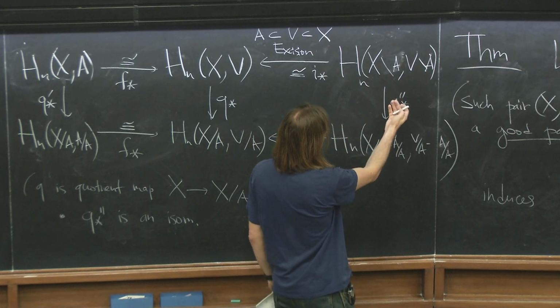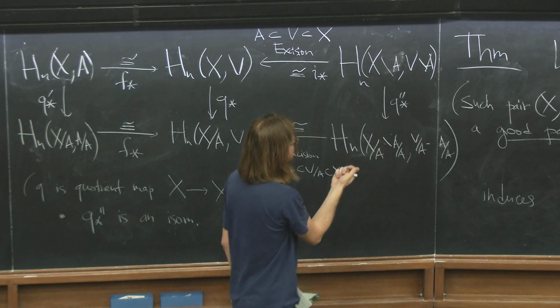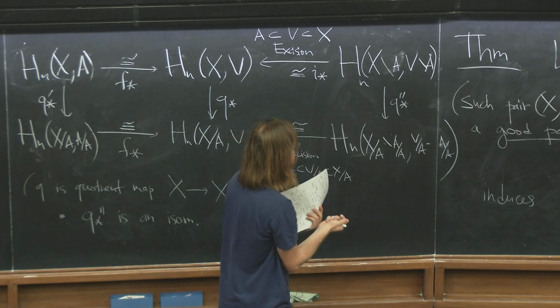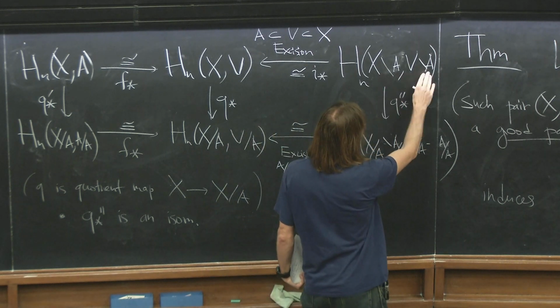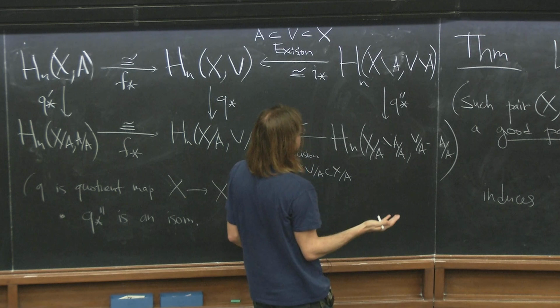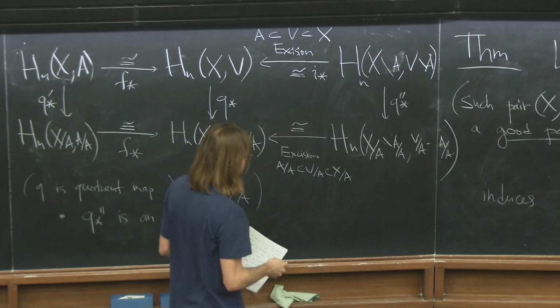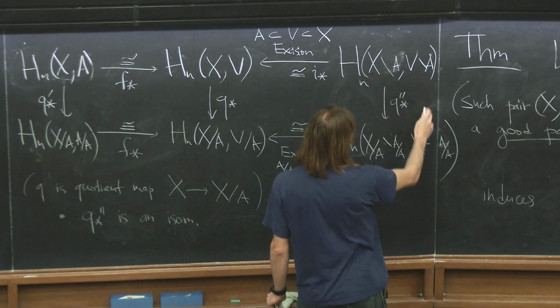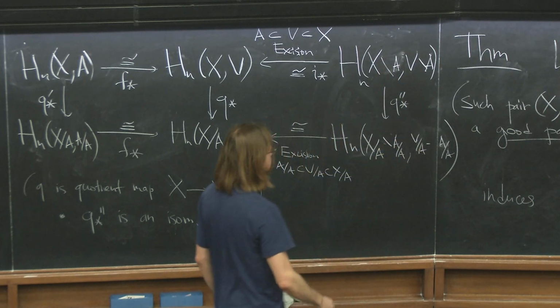What does the quotient mean? Quotient means identifying points which belong to A. But if you have already removed A from everywhere, this does nothing, right? You don't have to identify. So these topological spaces are just the same topological spaces. Also, you write it like this.